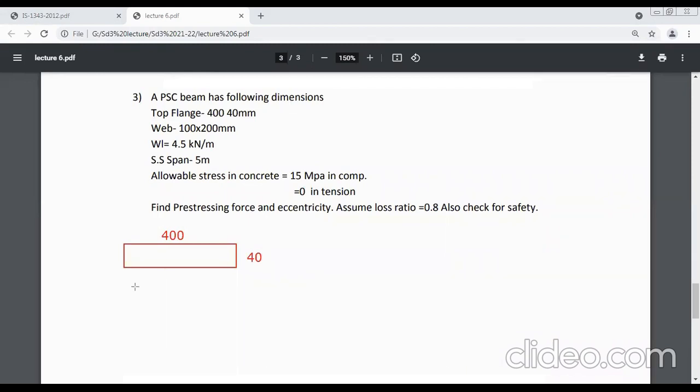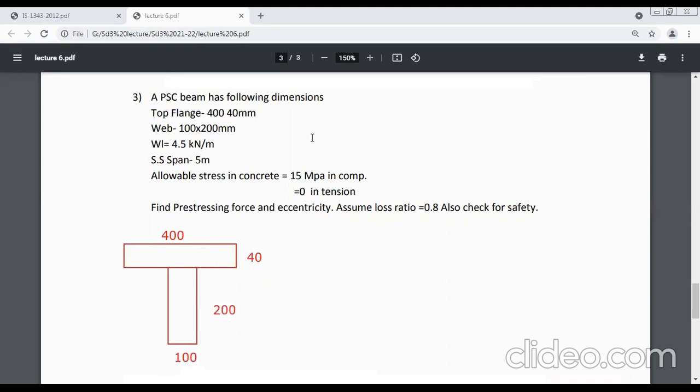Then the web size is given as 100 by 200 mm.